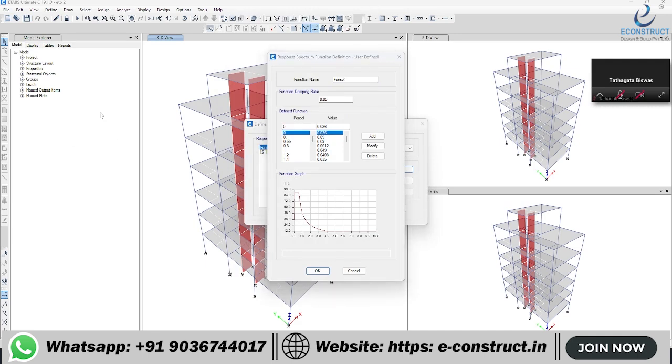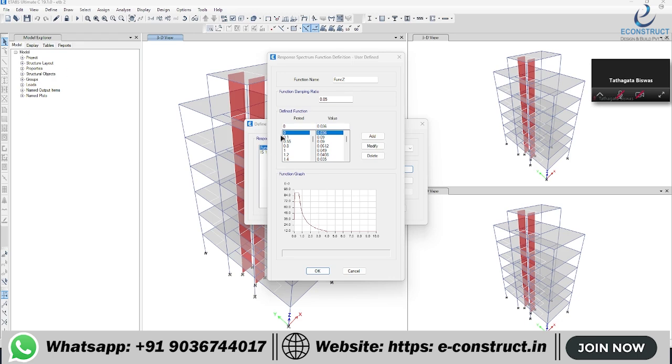Here you need to put basically 2 by 3 into 2.5 into z by 2 into I by R. This entire thing you can put in the value sections for each one.